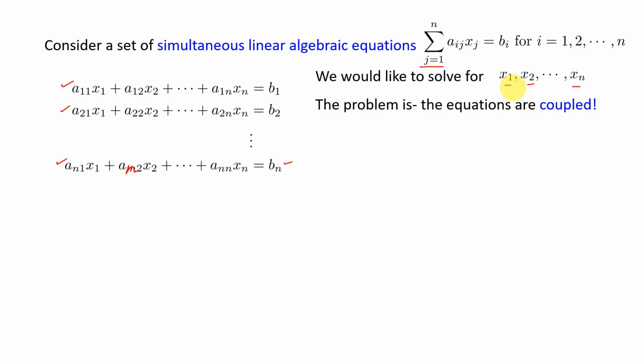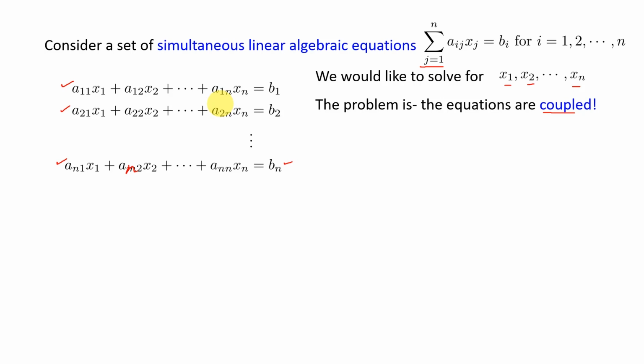So the problem of solving this is that the equations are really coupled, which means that every equation has more than one unknown. We know that if each equation has only one unknown, we can solve it easily. But now that every equation has more than one unknown, we have to do something.